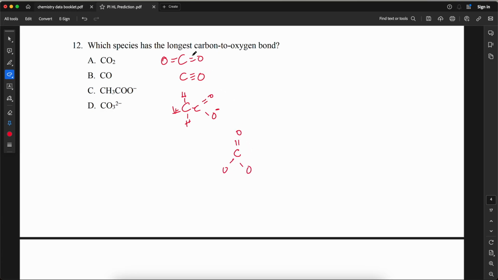Okay, so this one double bond and triple bond, obviously no. So this has one single bond and one double bond, and this one has one double bond and two single bonds. So for option C, intermediate bond between a single and a double bond. But for option D, intermediate between two single bonds and a double bond with greater contribution of the single bond. Therefore, the answer is D.